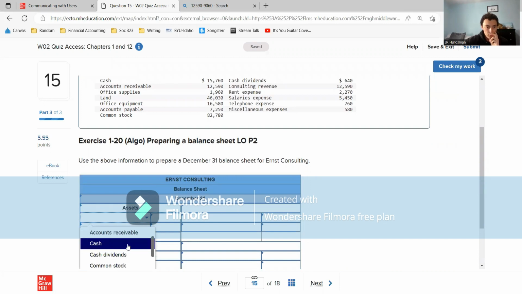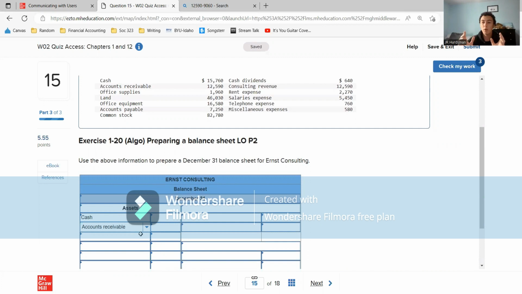So we're going to look for cash and then we'll look for account receivables. So we're putting in account receivables because it's going into the company, like the company owns it. You can't do the payment one because that's technically a liability because that's something we owe someone else. And so that's why we do receivables.